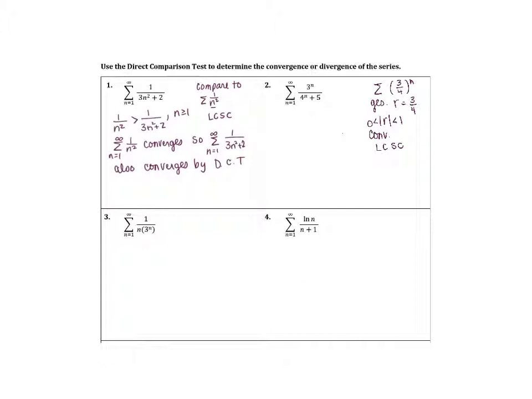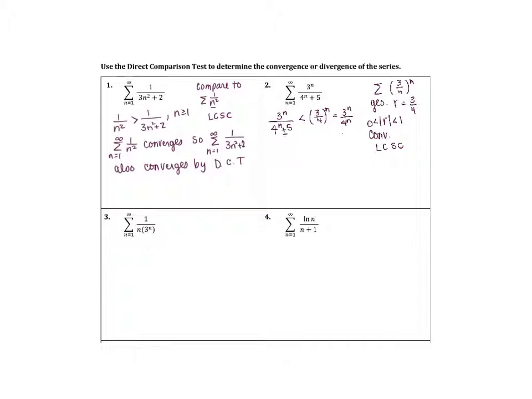And so here we do see 3 to the nth over 4 to the nth plus 5. That is certainly smaller than (3/4) to the nth. And if you're not sure about that, you can think of (3/4) to the n, that's 3 to the nth over 4 to the n.